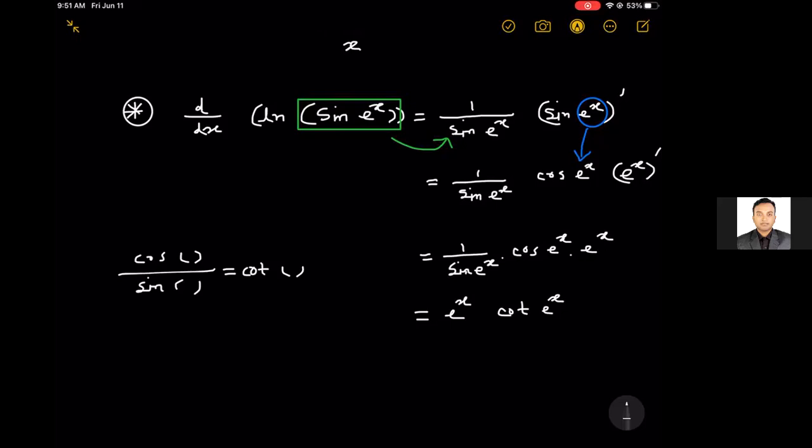So my suggestion would be to practice at least 5 to 10 problems, and start with easier ones, and then gradually go for more complicated ones. You don't know which problem will be more complicated just by eyeballing.